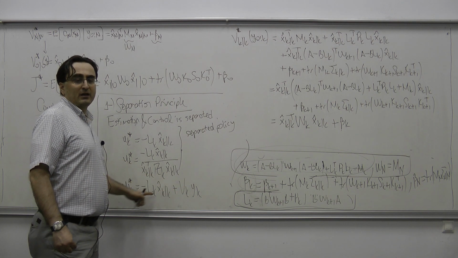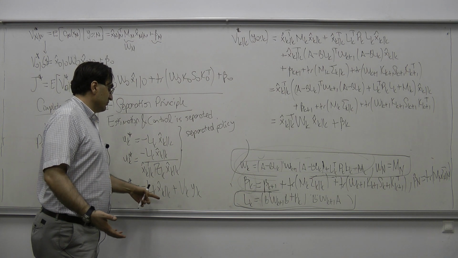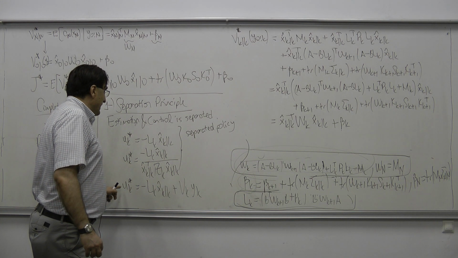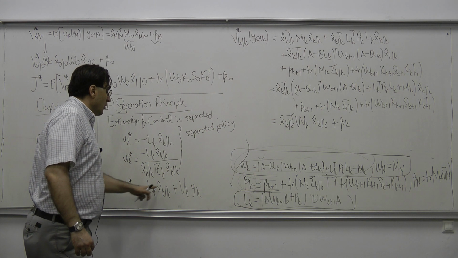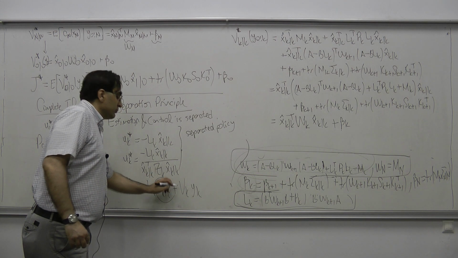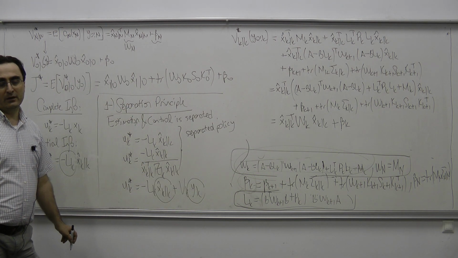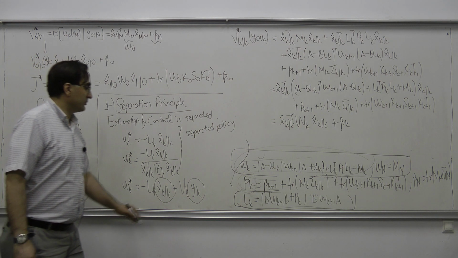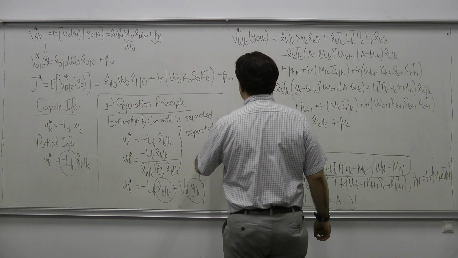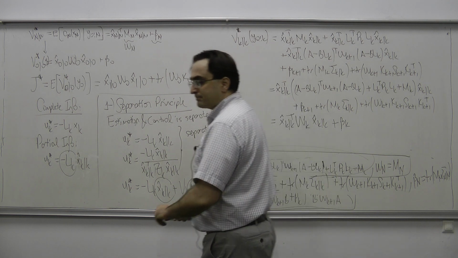This is also a valid feedback policy because x at k given k is known and yk is known. But you see that the dependence of the input on the outputs y0 to k is not only through this estimate. The outputs also explicitly appear in this formula. So this is a non-separated policy.